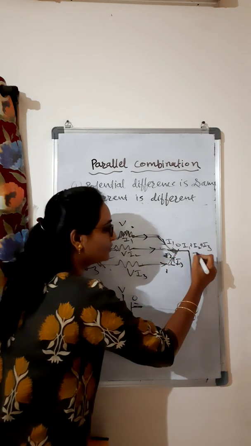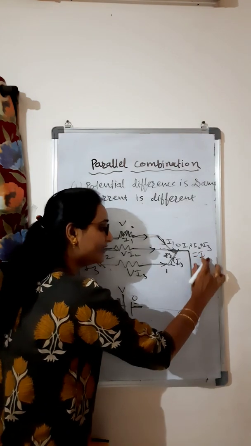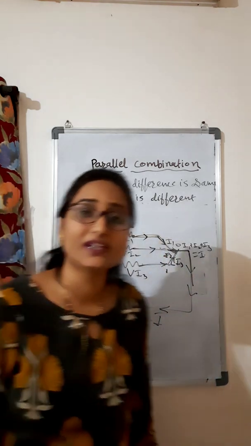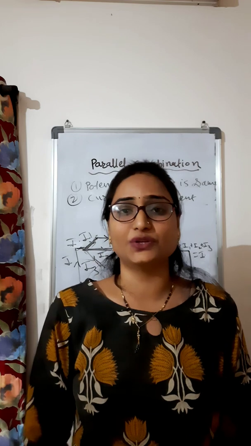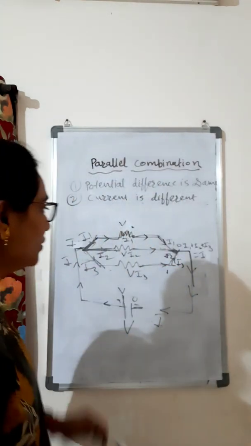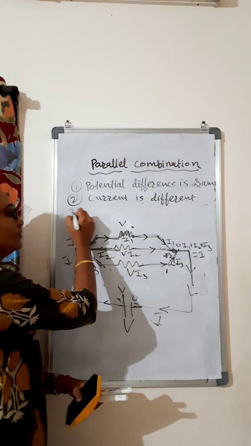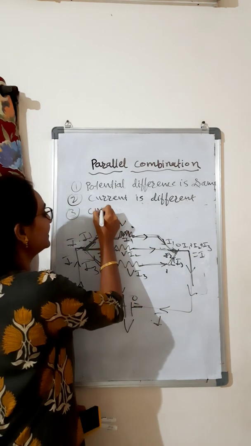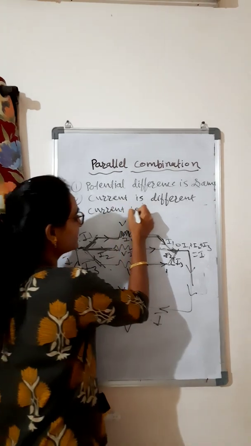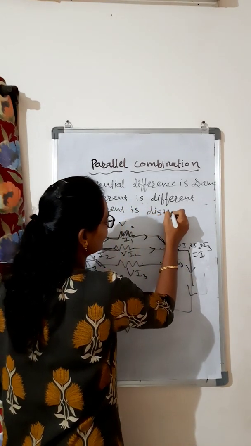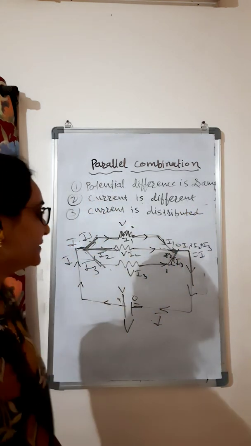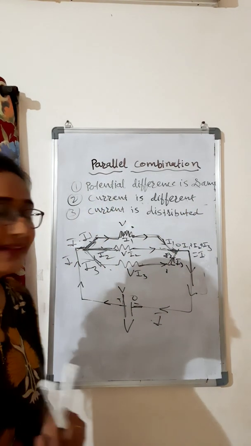So I1 plus I2 plus I3 is I. I told you, however much current you give to the circuit, that much current will come out from that circuit also. Clear? So the third point is that current is distributed. These three points you understand.